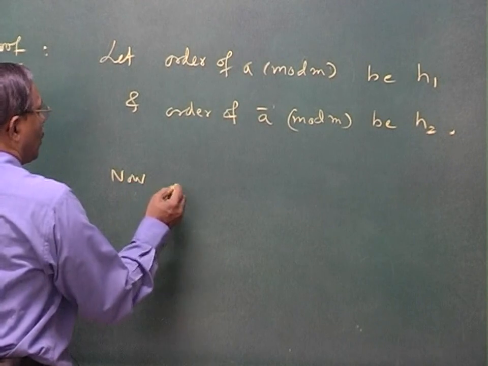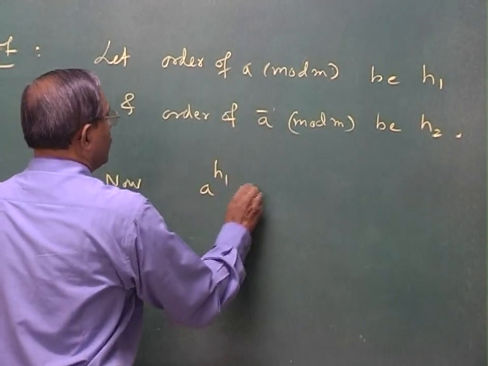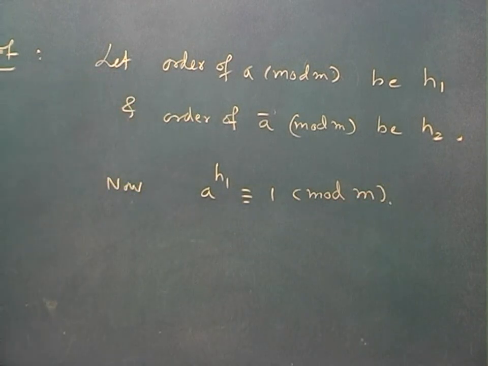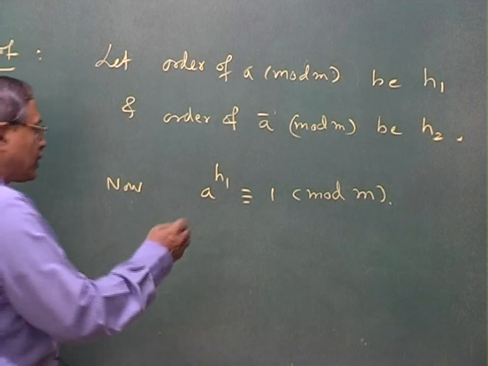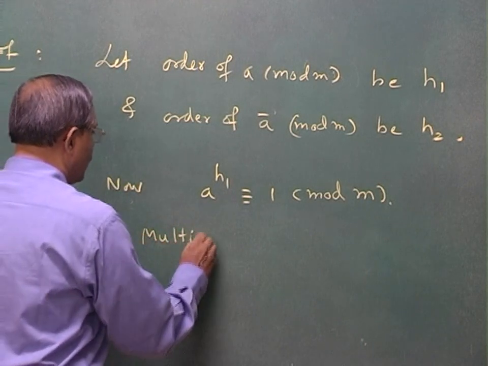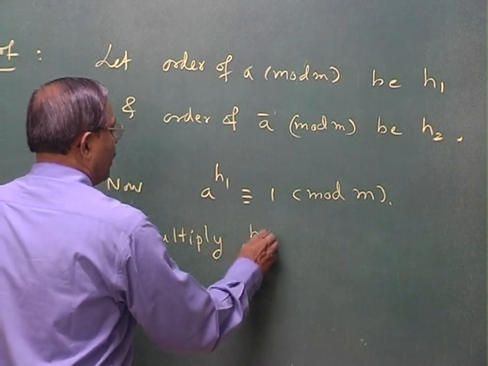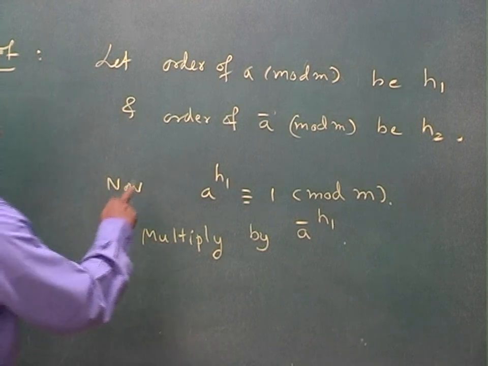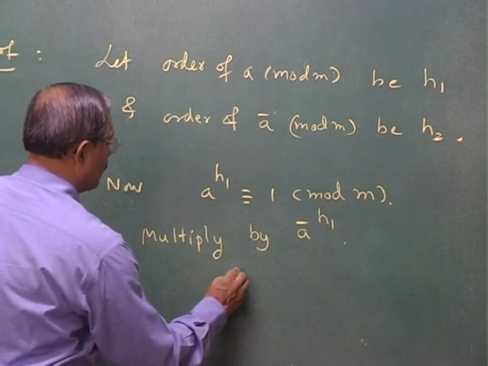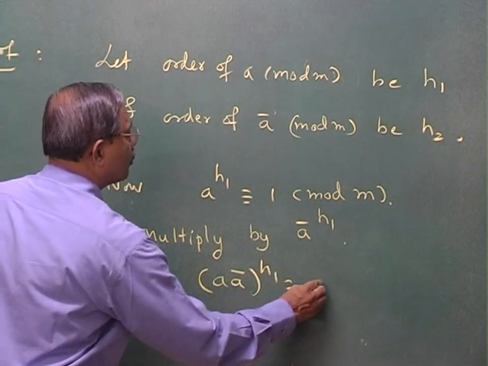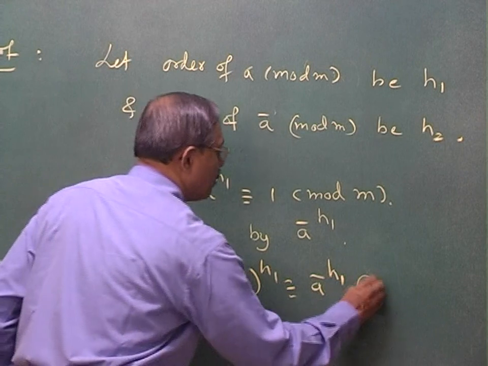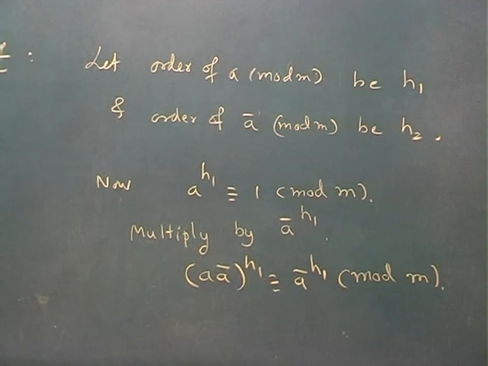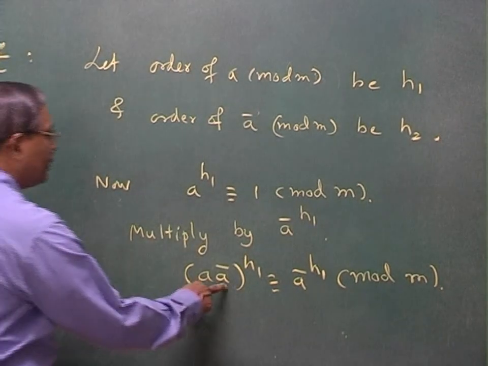Now a raised to h1 is congruent to 1 mod m. Multiply both sides by a bar raised to h1. On the left-hand side you get a bar raised to h1 times a raised to h1, which is congruent to a bar raised to h1 mod m. What is a times a bar? It is 1 mod m.